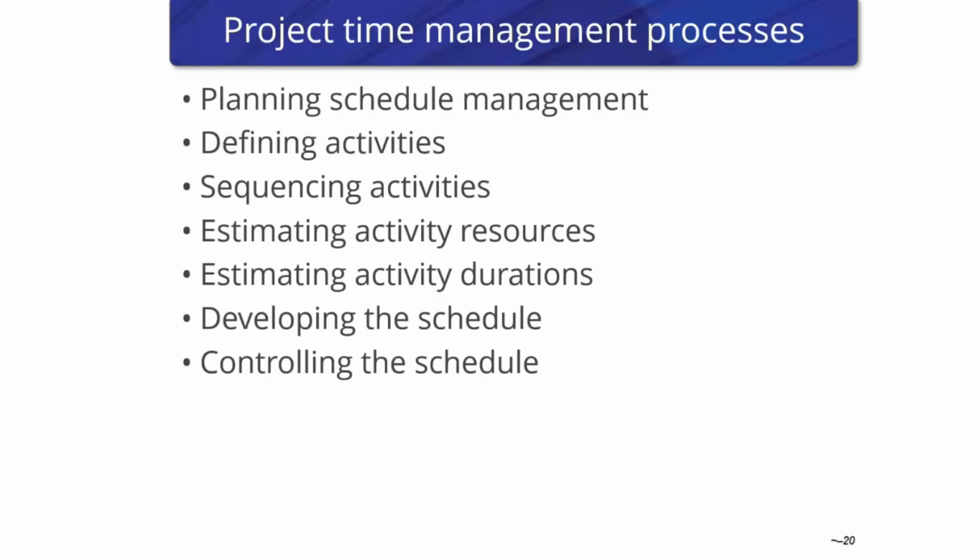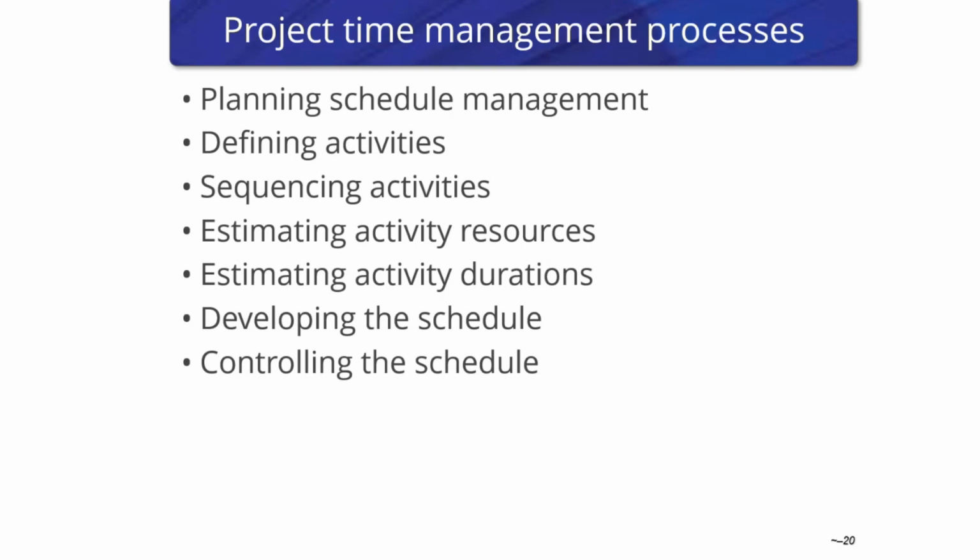Overall, the project management process has a couple of steps. Individual ones could be different, but overall this would be a good guideline for project time management. At the beginning is planning schedule management, then defining activities and sequencing as well. There are quite a lot of techniques that can be used.